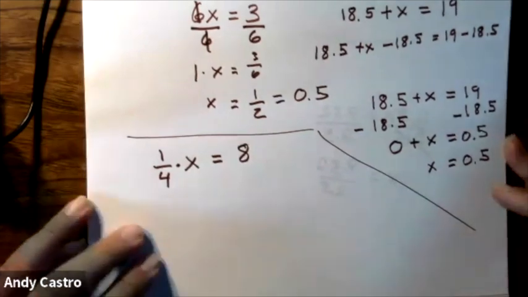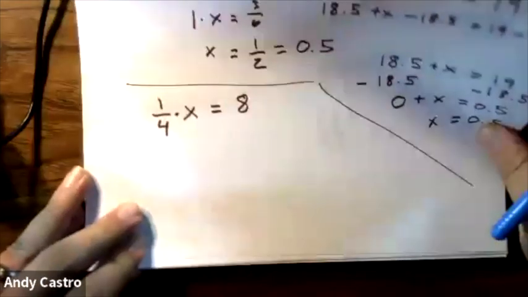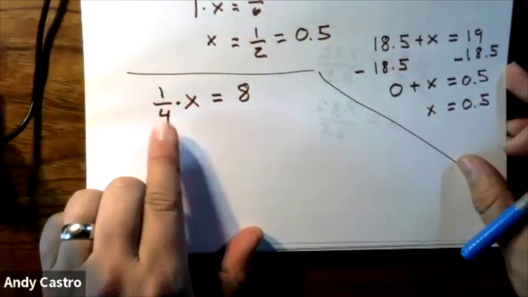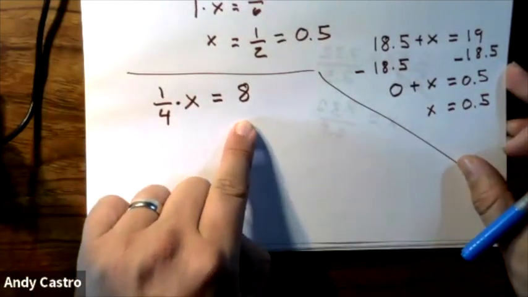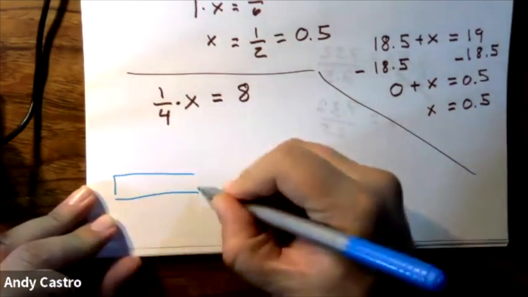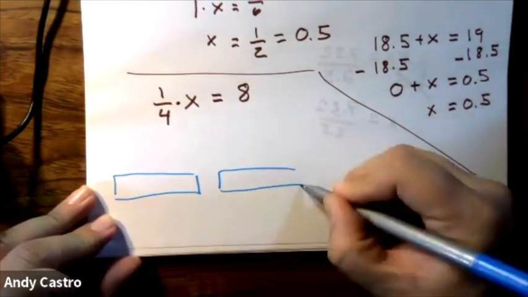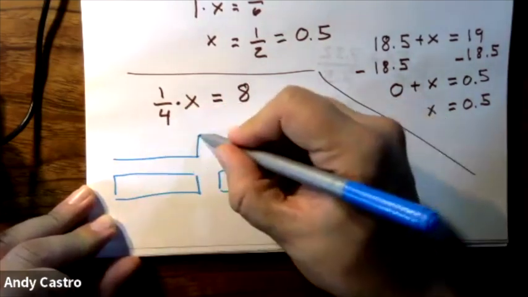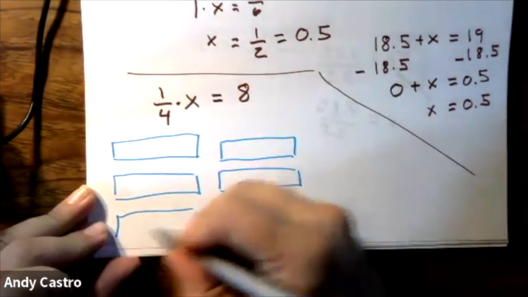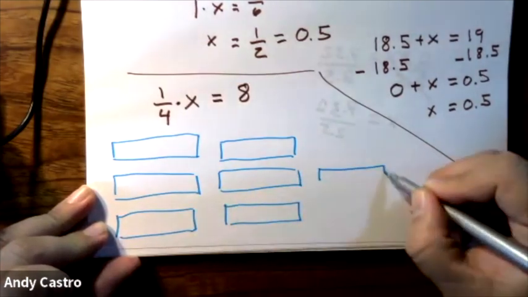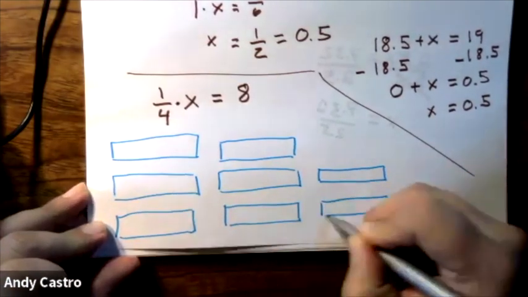All right, so I'm going to show you several different ways to solve this. Logically, how many fourths does it take to get 8? You could even draw this out. So if I have 1, 2, 3, 4, 5, 6, 7, 8.